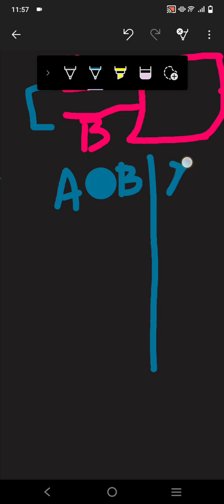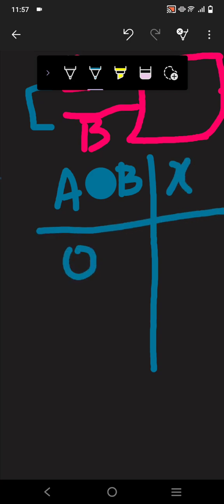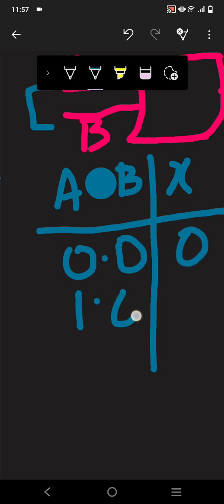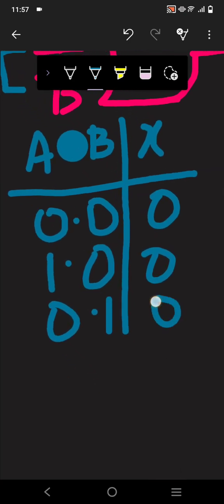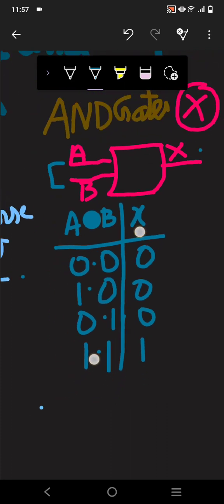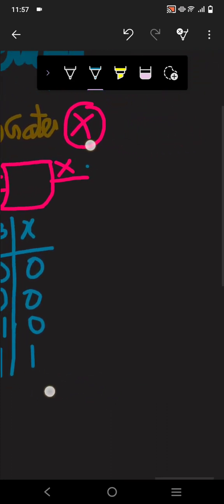This is our x, our output. So if we multiply 0 with 0, that will be 0. 0 multiplied by 1 is 0. 1 multiplied by 0 is equal to 0. 1 multiplied by 1 is 1. So it works on the principle of multiplication.